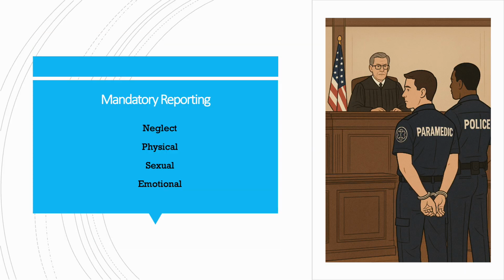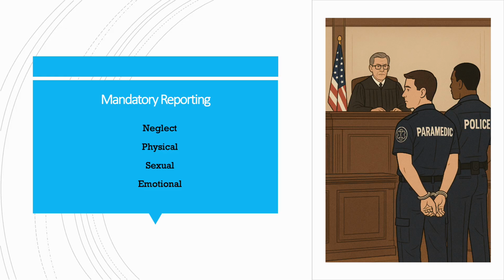Like stated a minute ago, we are mandatory reporters. This includes suspected, not confirmed abuse. You do not need proof. The legal definition of abuse is any recent act or failure to act on the part of a parent or caregiver which results in death, serious physical or emotional harm, sexual abuse or exploitation, or an act or failure to act which presents an imminent risk of serious harm.